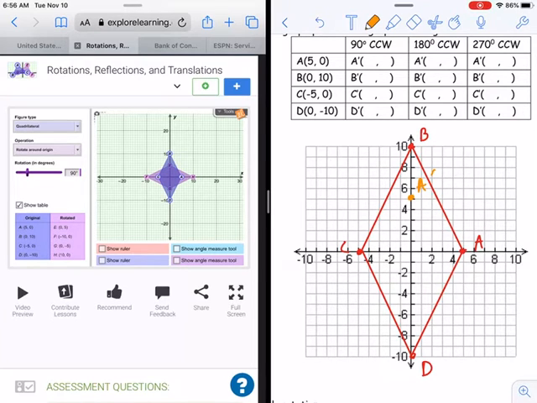B prime, they call F, is at -10, 0. D, which they call G, is at 0, -5. Or G, C prime. And then H for D prime is over here.